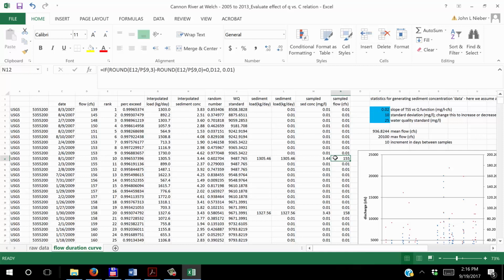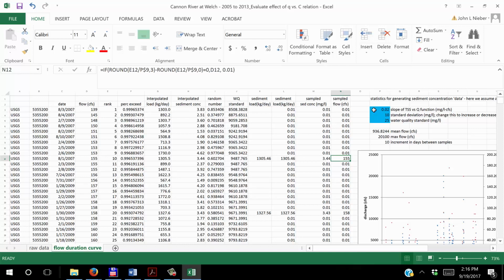So, for instance, here the discharge is 155 cubic feet per second. I can multiply that by 0.02, and that would give me a value of TSS. What would be about 3, something like that. Yeah, 3.